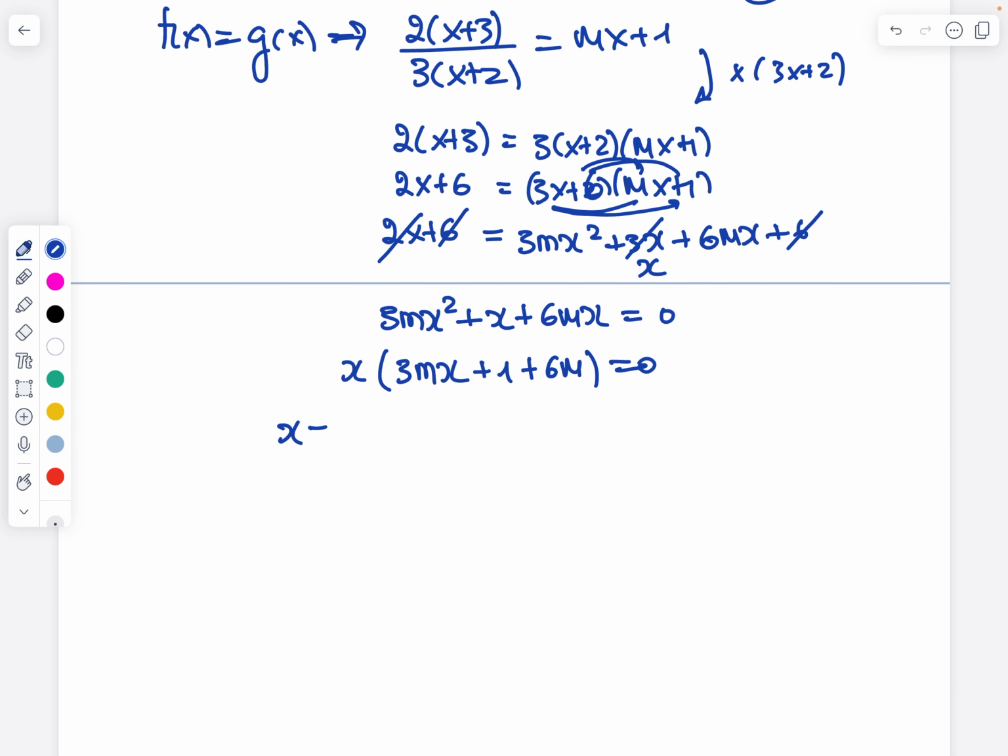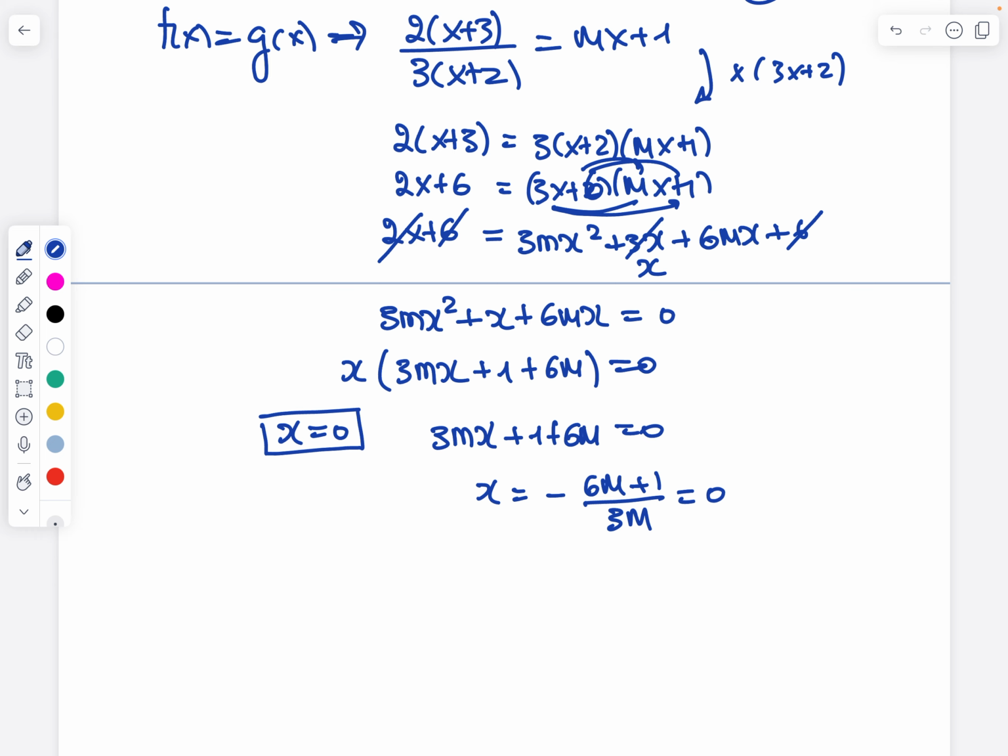That means that x is equal to 0, or 3mx plus 1 plus 6m is equal to 0. We want to be able to solve for x, so x is going to become minus (6m plus 1) over 3m, and then setting that equal to 0.